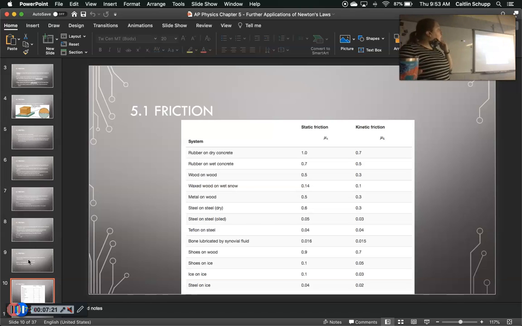The static is always larger. The static coefficient of friction always has a larger value than the kinetic coefficient. Now, are there cases where they're very, very close? Yes. Are there cases where they might be identical? Yeah, a lot of ice scenarios or really smooth surfaces may have similar values, but there are very few, I don't even think there are examples, where kinetic is going to be bigger than the static, okay?